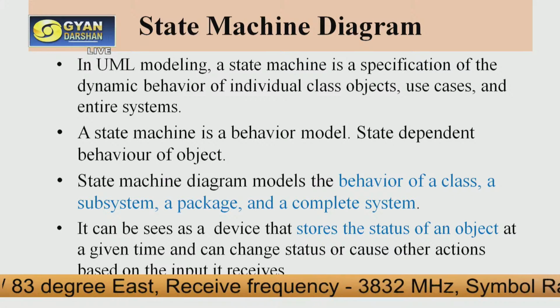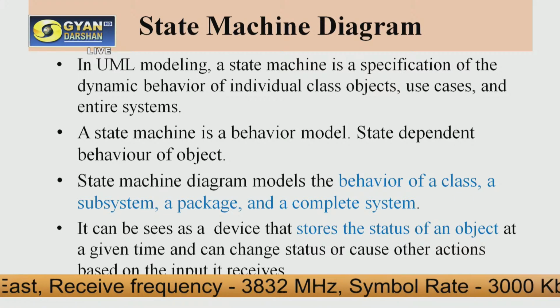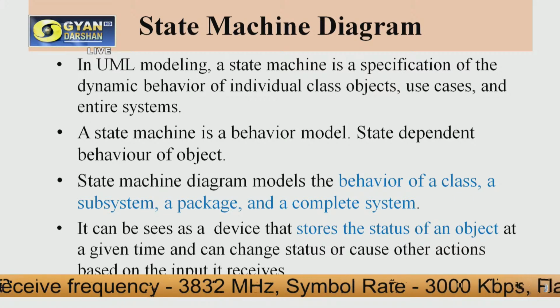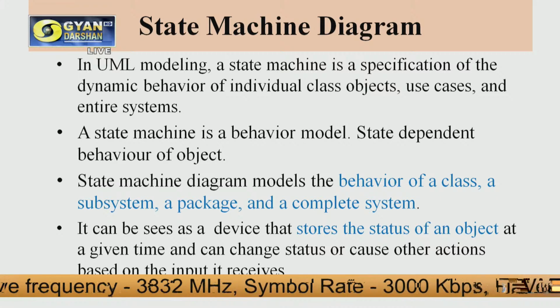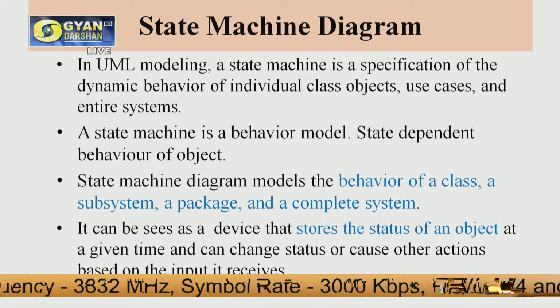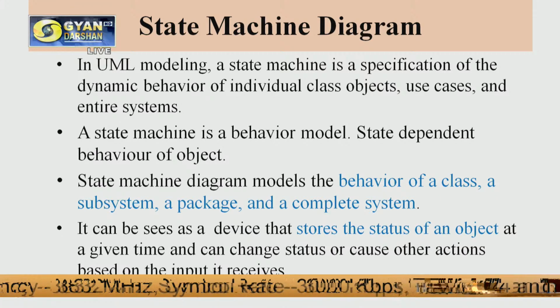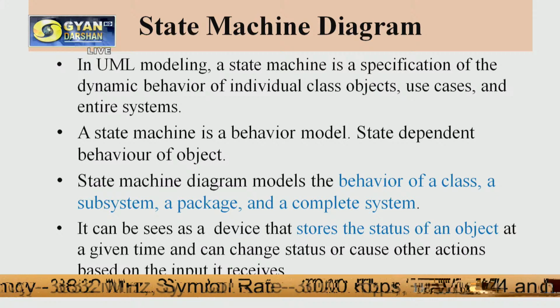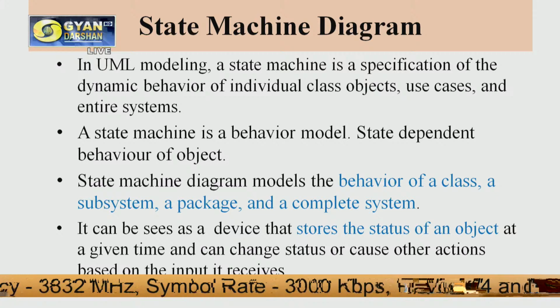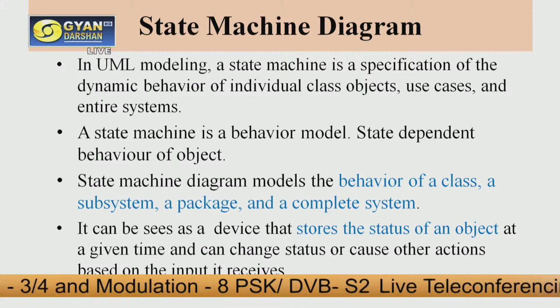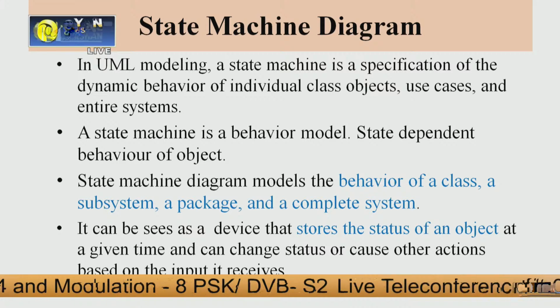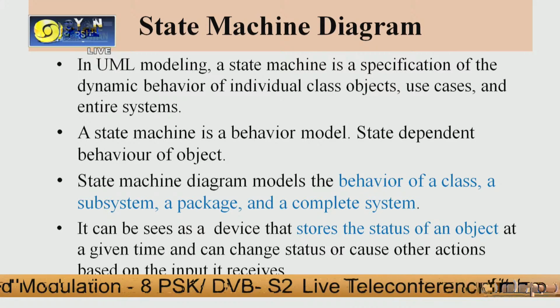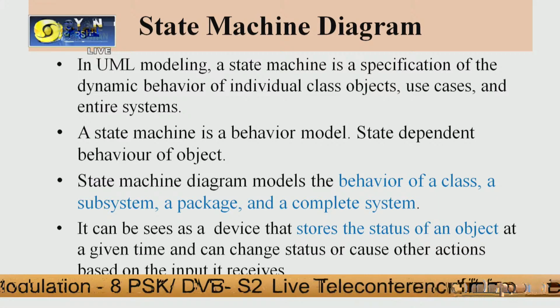It means that it is working as a separate component or separate module which may be used as part of the development of the whole system. A state diagram can be seen as a device that stores the status of an object. Status of an object means the values of the attributes associated with the object at a particular moment of time.